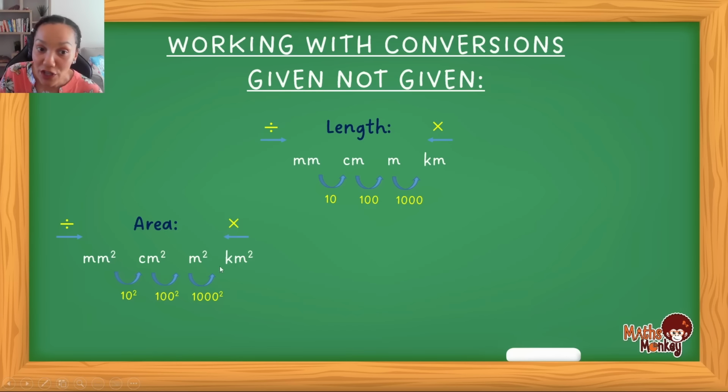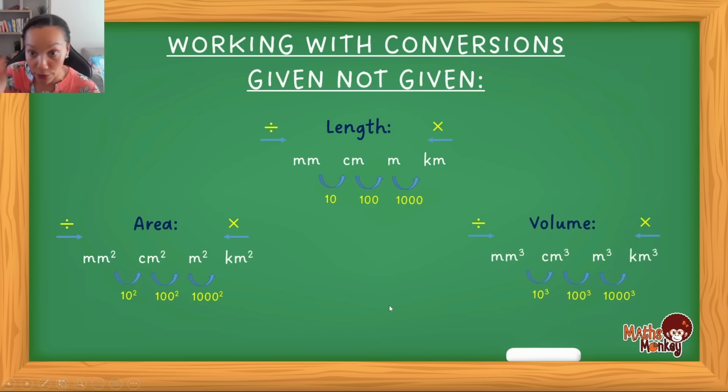So whatever the power is will now be the power of the values at the bottom. The same for volume. Okay, so take note, once you understand and know length, you can just add the 2's for area and add the 3's for volume, and that way you can just do calculations between them.